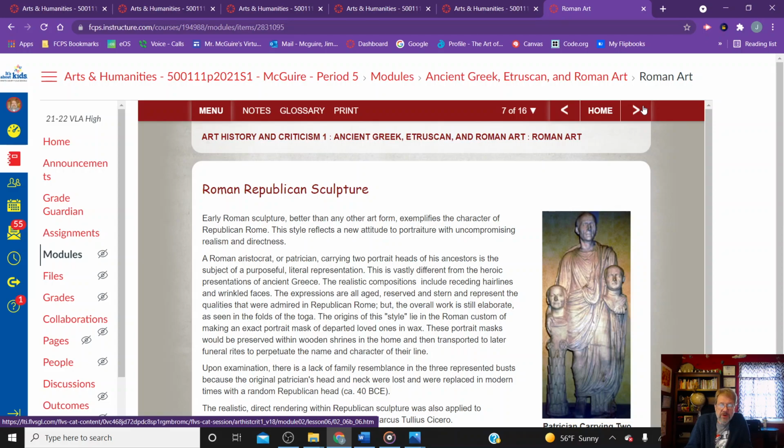Roman Republican sculpture: when we look at what happened in Hellenistic art, how does that advance even more as we look at Roman art? How did they achieve such amazing realism? Think about those technological advances.